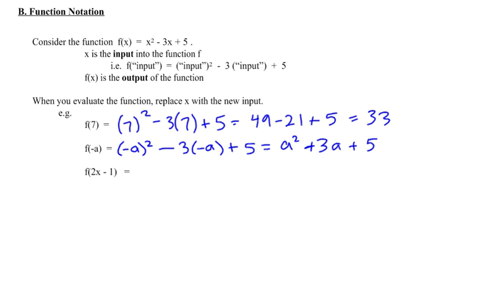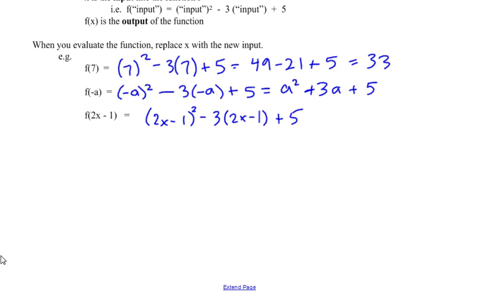Okay, and now what if my input is now 2x minus 1? So we have 2x minus 1 all squared minus 3 times 2x minus 1 plus 5. What are we going to have to do here? FOIL. Okay, we can do this. 2x squared, 4x squared.